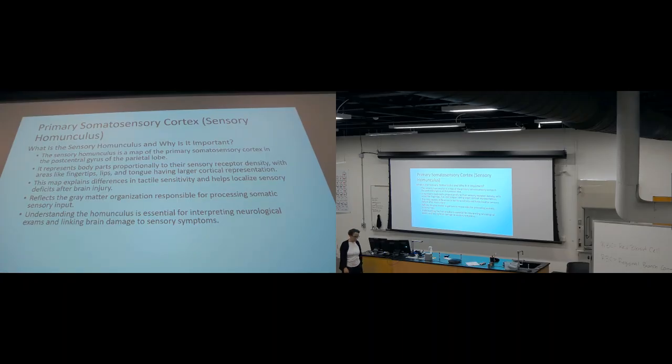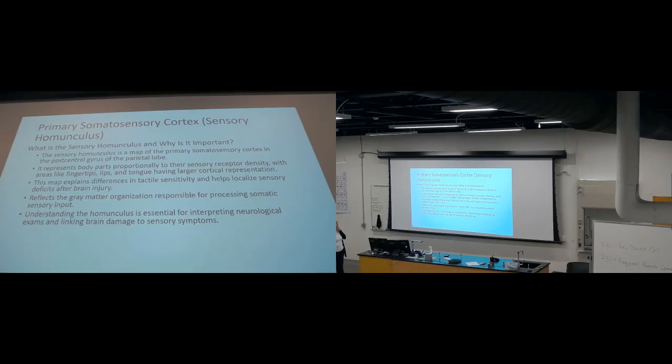So within primary motor and primary somatosensory areas, we also have a topographical map that tells you that we have a specific number of neurons dedicated either to move the muscles or to feel sensation in these areas of the body. And this representation of these areas is called the homunculus.